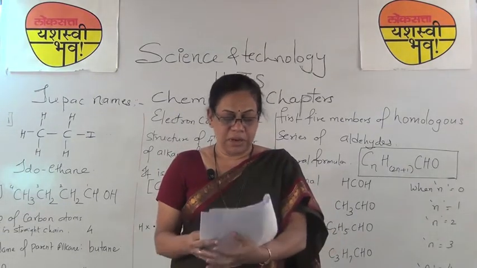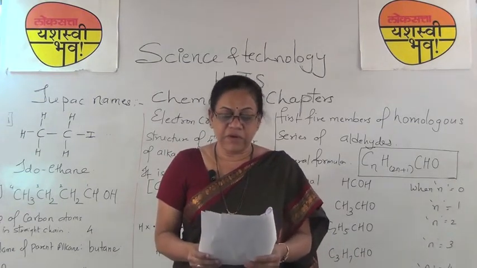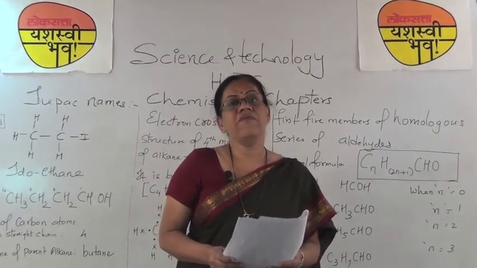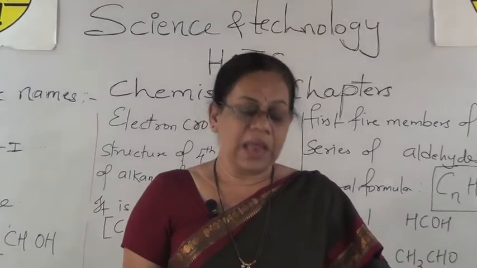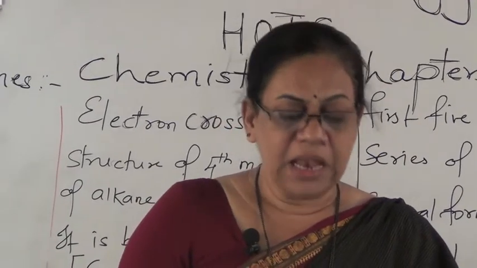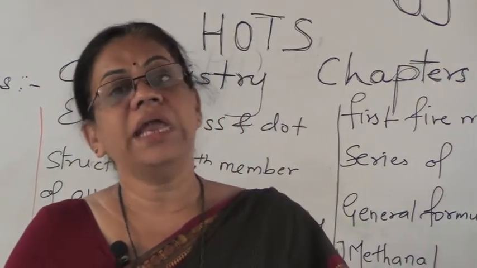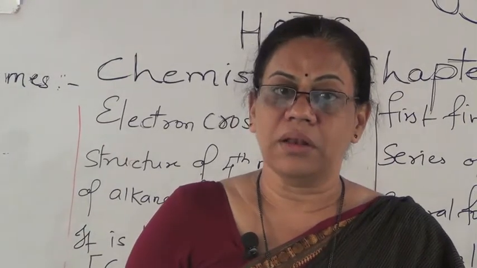For example, the atomic numbers of certain elements are given to you. From these numbers, identify whether they are metals or non-metals. Like an element A has atomic number 11 and element C has atomic number 17. Identify which of them is a metal and a non-metal.